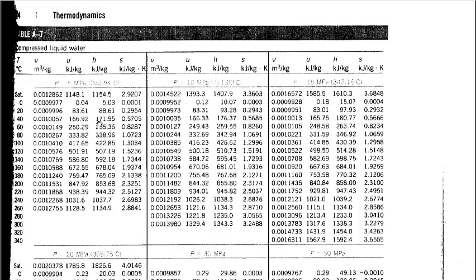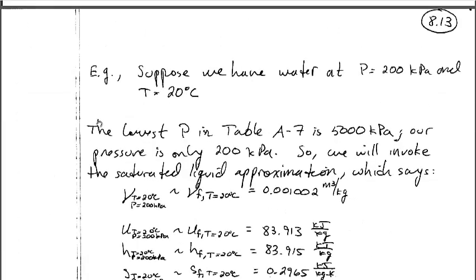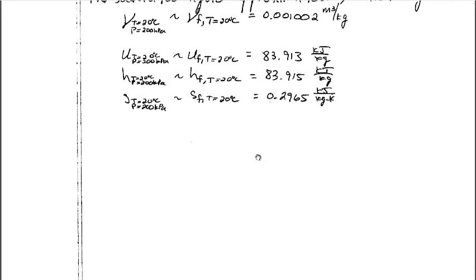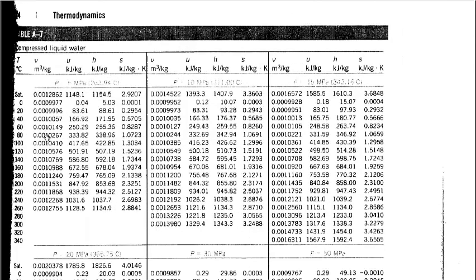Really high pressure, much higher than the 200 kPa that our substance is at. Our pressure is only 200 kPa. And if we assume these values, then our data could be very wrong, right? In other words, we could introduce error in our analysis by assuming these values for water at that pressure and temperature.